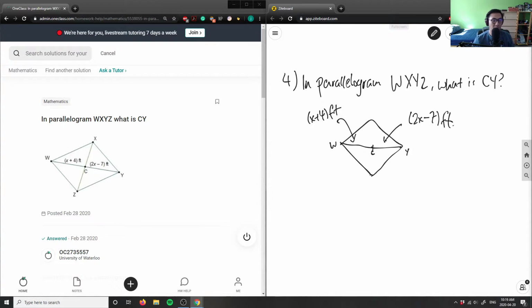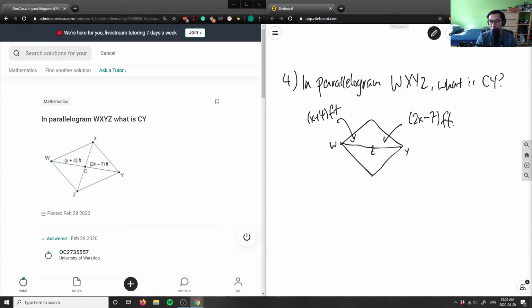I'll give you a hint: a parallelogram has opposite sides that are parallel, and its angles are not right angles. If I have right angles here and here, it'd be a rectangle.